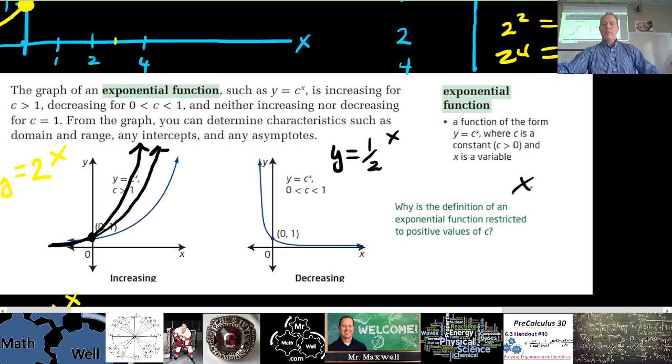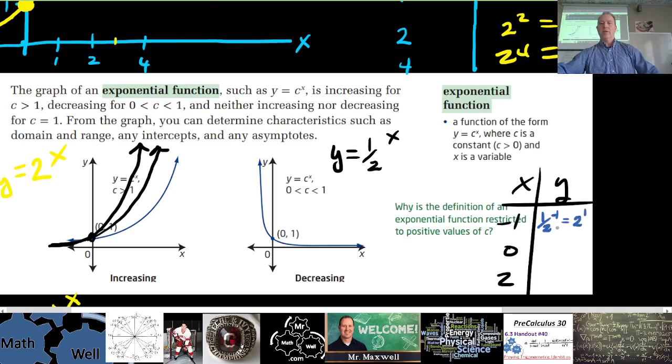So on an xy table, let's just draw that real quick. I'll give you a few points here. So if I had -1, 0, and 2, and I was going to generate a few points for this graph right here, then what would happen is I'd have (1/2)^-1, which actually equals 2^1. You see, I'm flipping that now, which equals 2. So -1 would have a value of 2. 0 would be 1 still, so 0, 1.